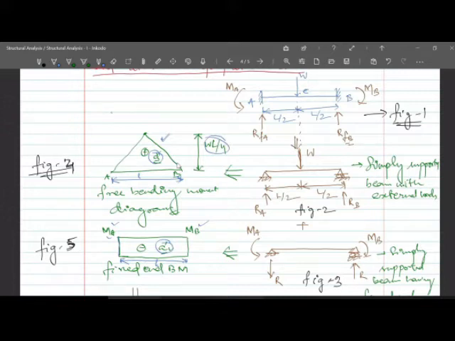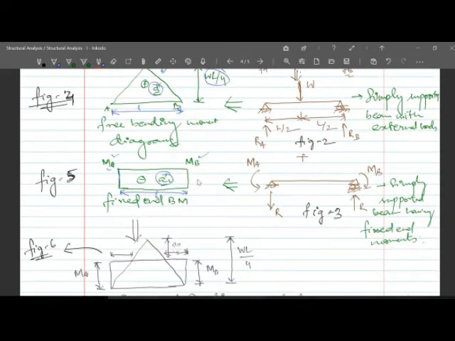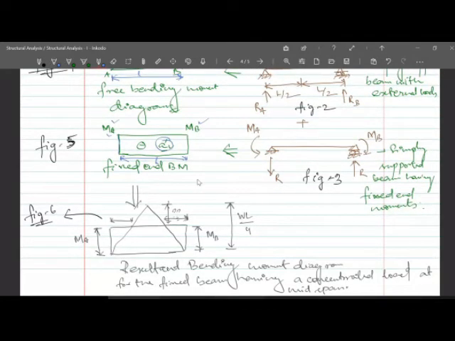The maximum bending moment is WL by 4 for a simply supported beam having a concentrated load at the mid support. So if that is the case, then can we find out this value? What is this distance? Yes, we can find that one.